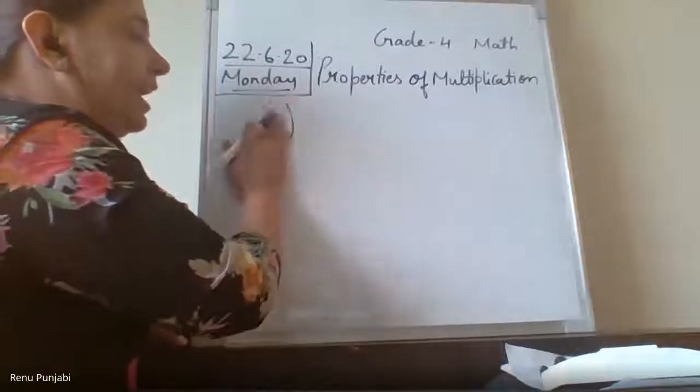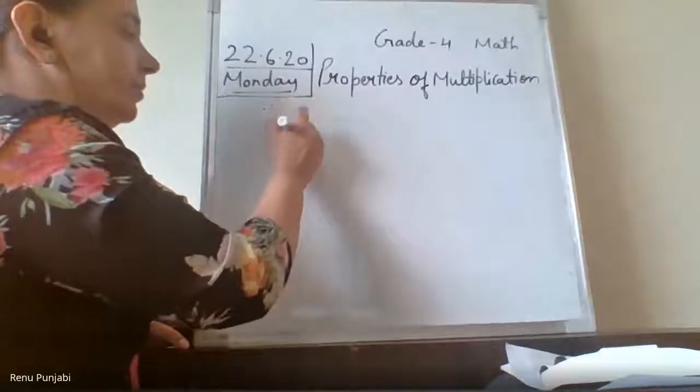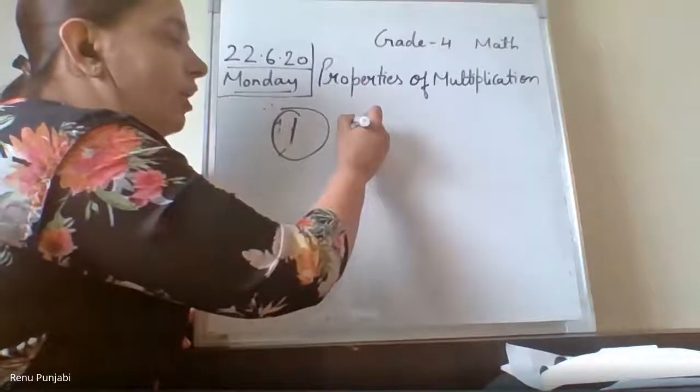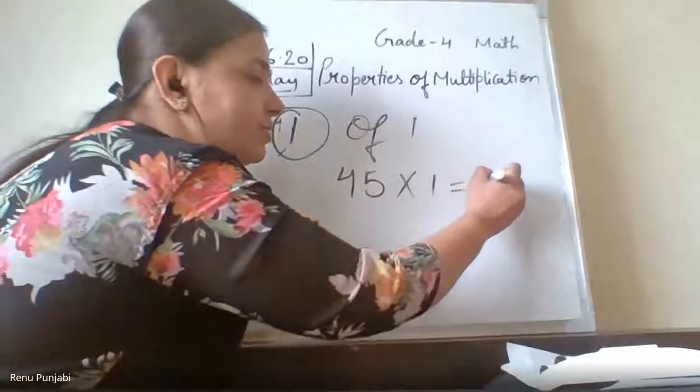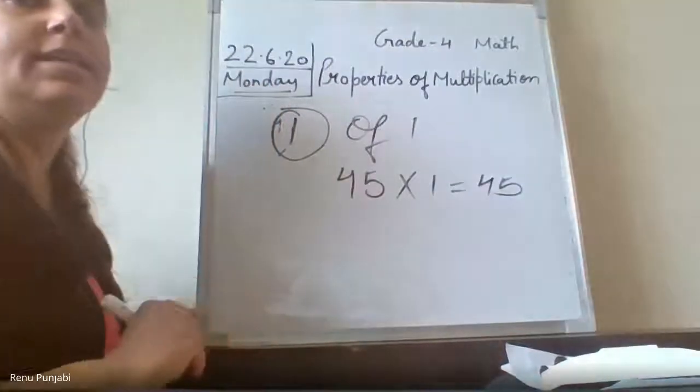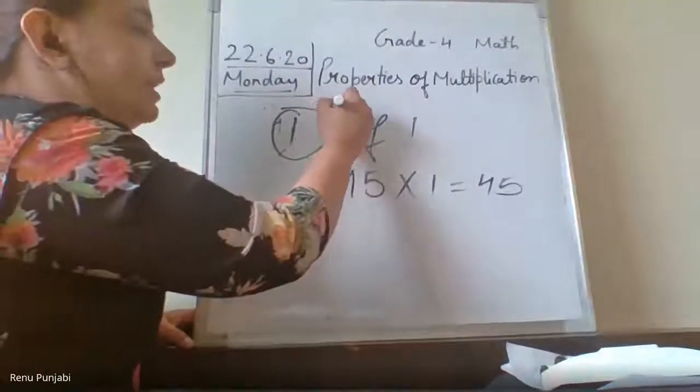First property, I explained, is the property of 1. When any number is multiplied by 1, 45 multiplied by 1 gives you the same answer. This is the multiplication property of 1.